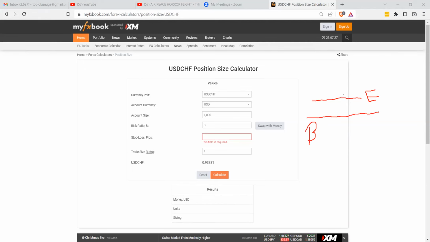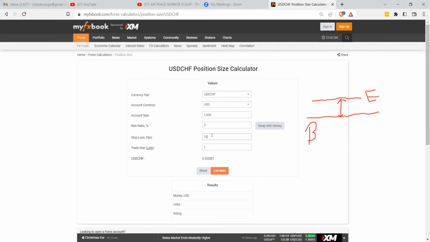So if you measure what is a pip from your entry to your stop loss, remember we learned about pips. So when you measure from your entry to your stop loss, what is the value in pips? Is it 10 pips or 20 pips or 5 pips? You put it here. All right, so let's use 10 pips just for an example.